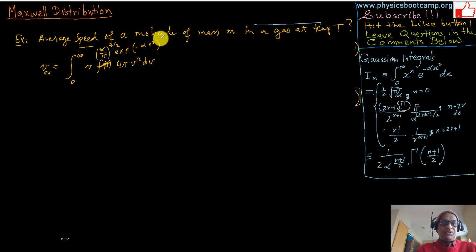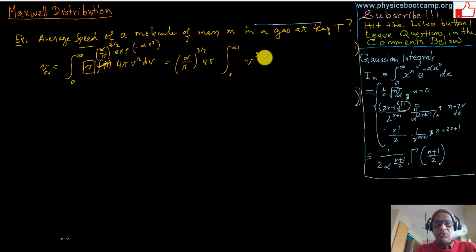In the earlier calculation we had v square. Now we have a v, so we are writing this out: alpha over pi to the 3/2 times 4 pi, integral from 0 to infinity of v cube e to the power minus alpha v square dv.